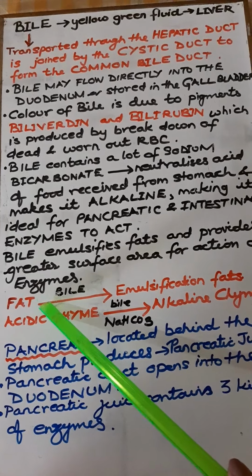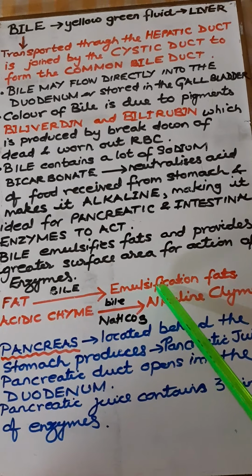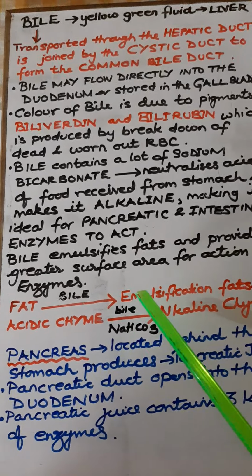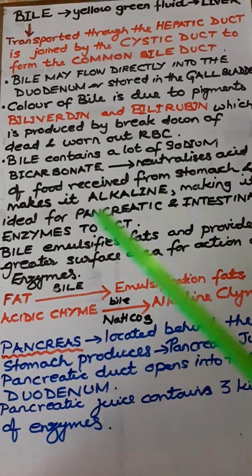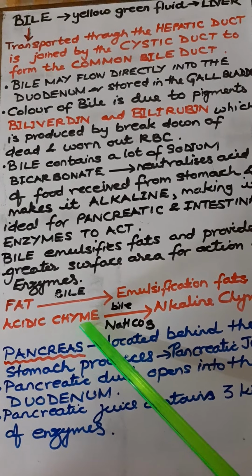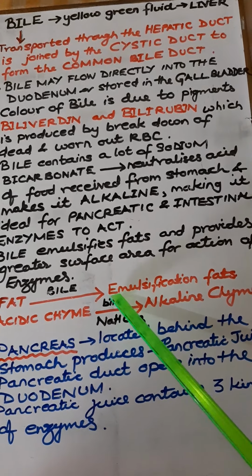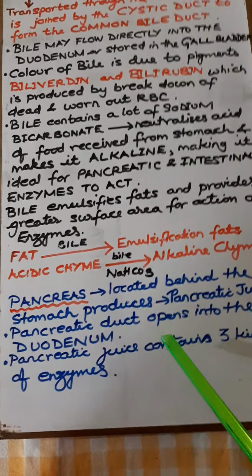So fats, with the help of bile, are emulsified, broken into small pieces. Now the acidic chyme, by the sodium bicarbonate in the bile, changes into alkaline chyme.